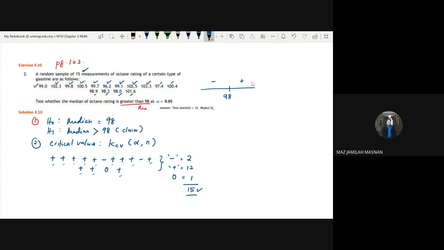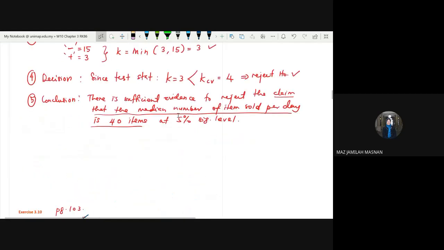From here, you will have your alpha is 0.05. So KCV for 0.05 and your n is based on what? You are talking about right tail test. So let us look at the condition for right tail test.